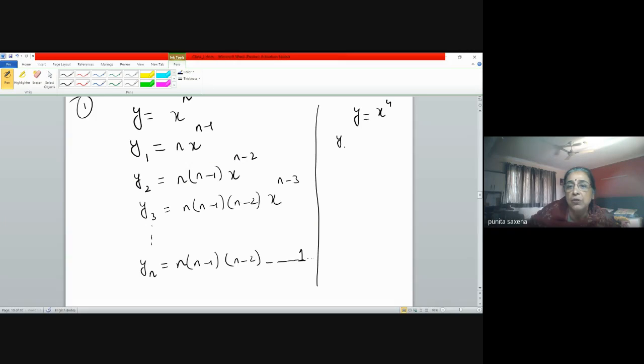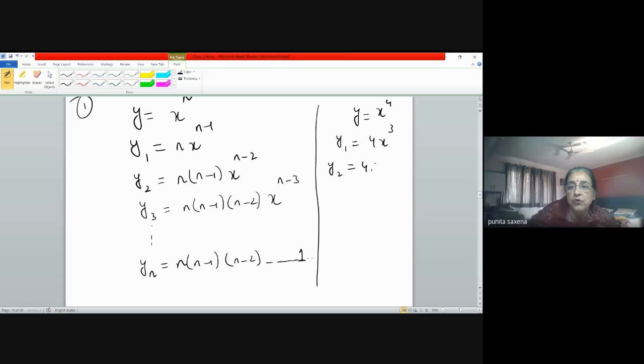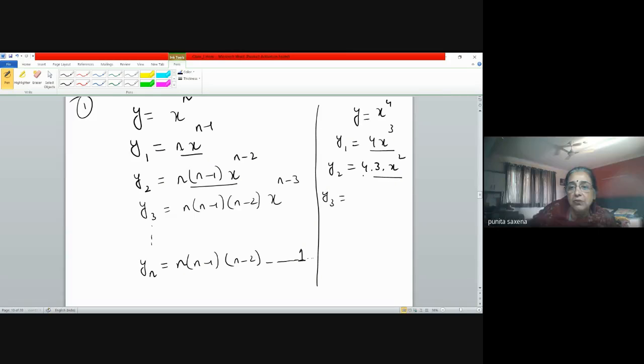What is y1? 4x cube. What is y2? 4 into 3 into x square. Here n minus 1 was there, and what has come here? 4x cube, same as this. Can we use factorial? Of course. y3 is 4 into 3 into 2 into x.